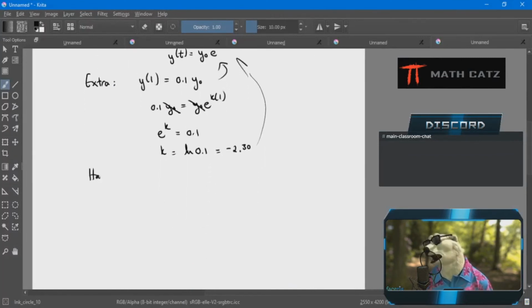So now half-life, that we will call tau, is log of 1/2 over k, and I can then calculate that as follows.